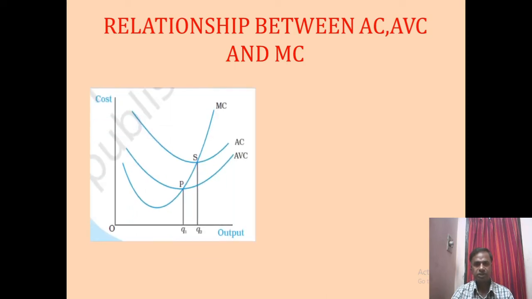And the next one is the relationship between AC, AVC and MC. You see in this graph, all the three curves are U-shaped. Average cost, average variable cost curve and marginal cost curve all are U-shaped.